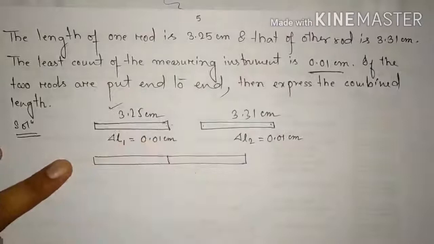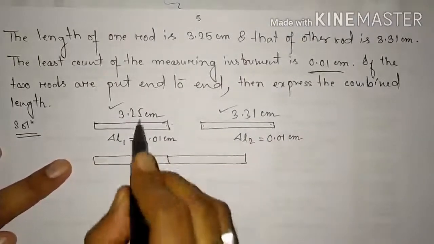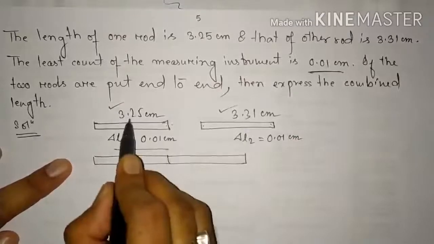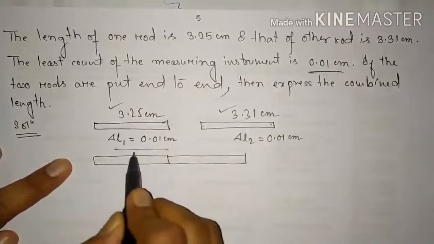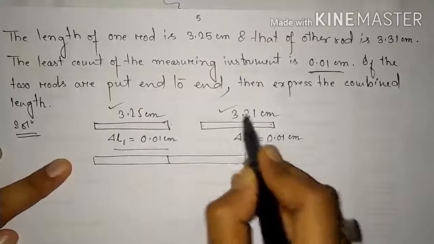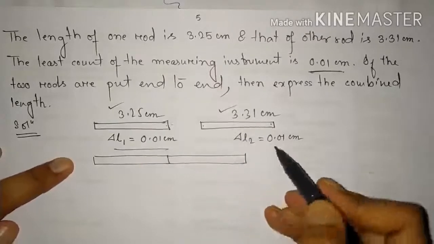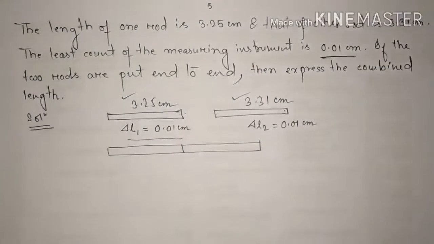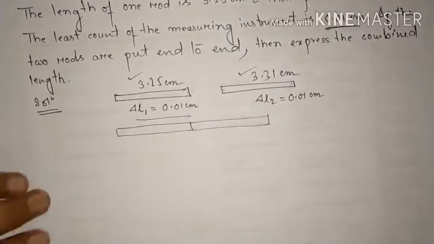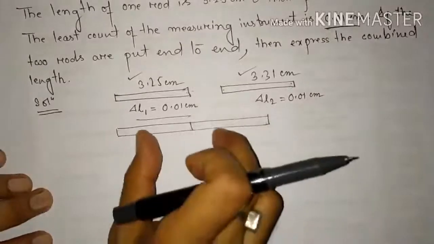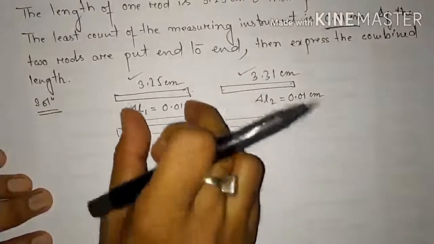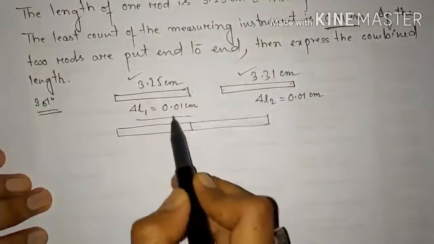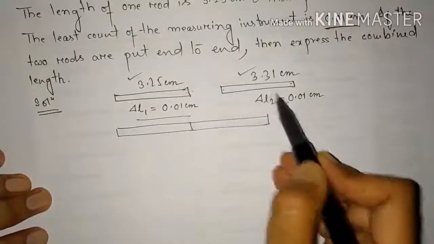Now this 3.25 is a measured value, this 3.31 is again a measured value, but the error in the measurement of this particular rod's length is this one, and the error in the measurement of length of this particular rod is this one. So the question is asked about how we can express the combined length.